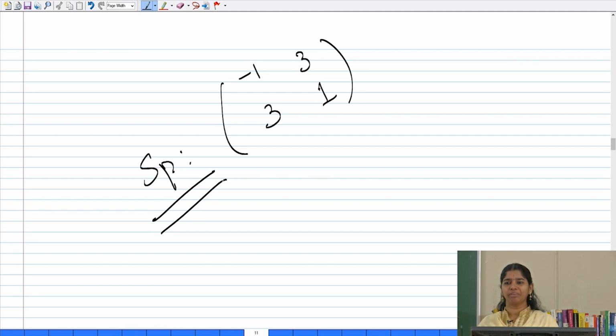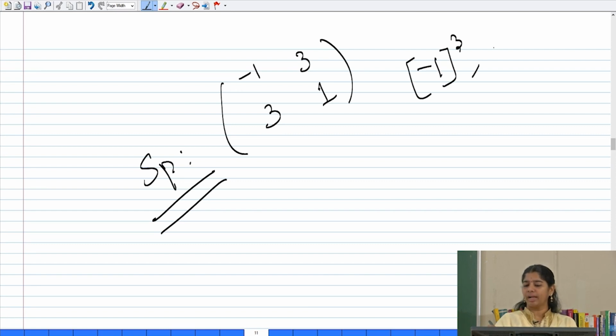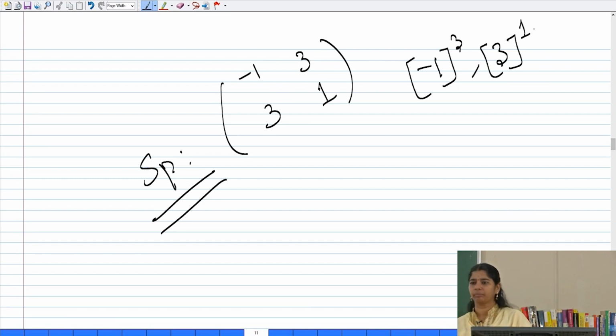We have just seen this recently. Yes? Bipartite. Bipartite graphs will have, just now we said, paired eigenvalues. If 3 is there, then I should have a minus 3. See here, by this notation what we mean, I have a minus 1 eigenvalue which repeats 3 times, and 3 is an eigenvalue which occurs once, right.